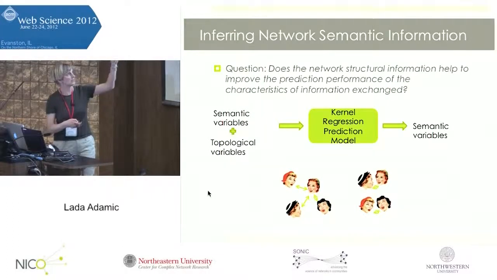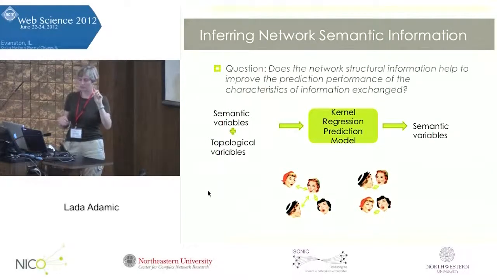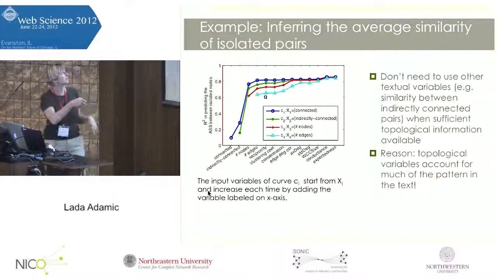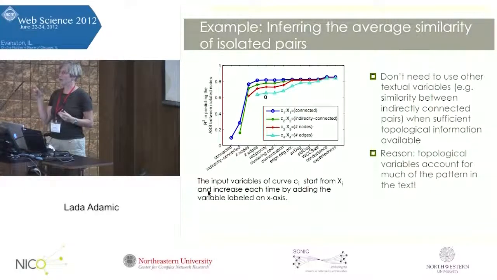And so this is just what we'll do, and since we have different kinds of similarities between different kinds of pairs, we can also put those in as semantic variables. So here, we're going to predict the similarity of nodes that are not connected at all.